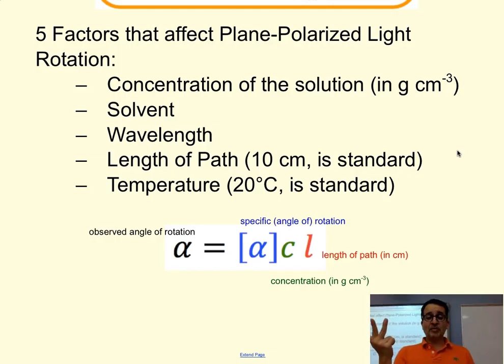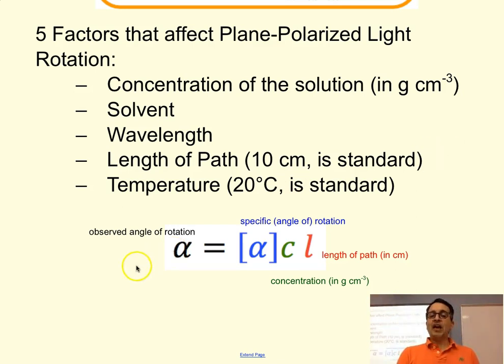Third, the wavelength or frequency of light that you're using, because different frequencies will interact more or less with the different bonds in the chiral molecule. The length of the path, and finally the temperature. If it's hotter or colder, you will have more or fewer collisions and rotations of the molecules in there that will then change our light.